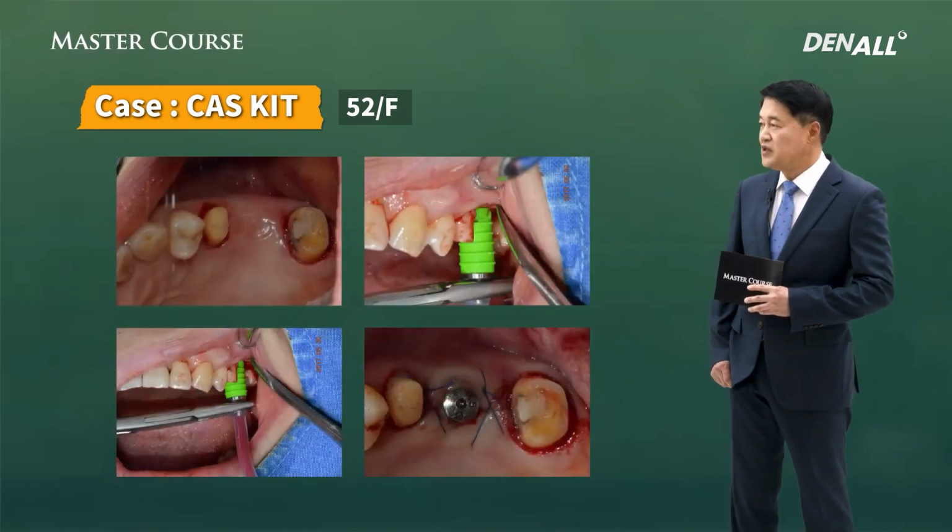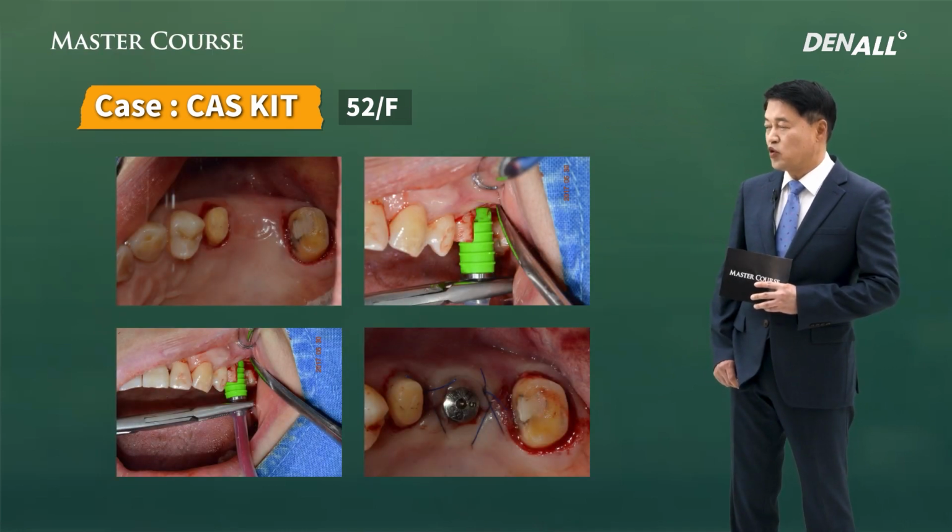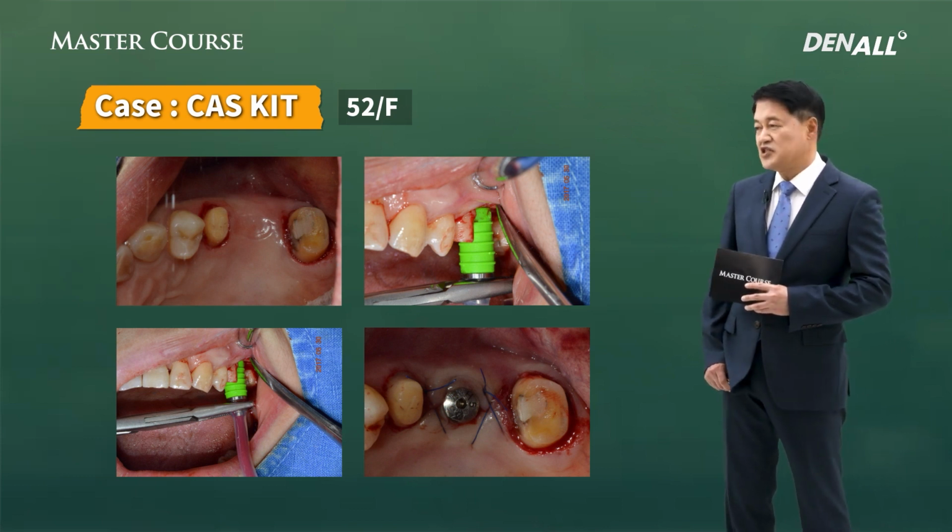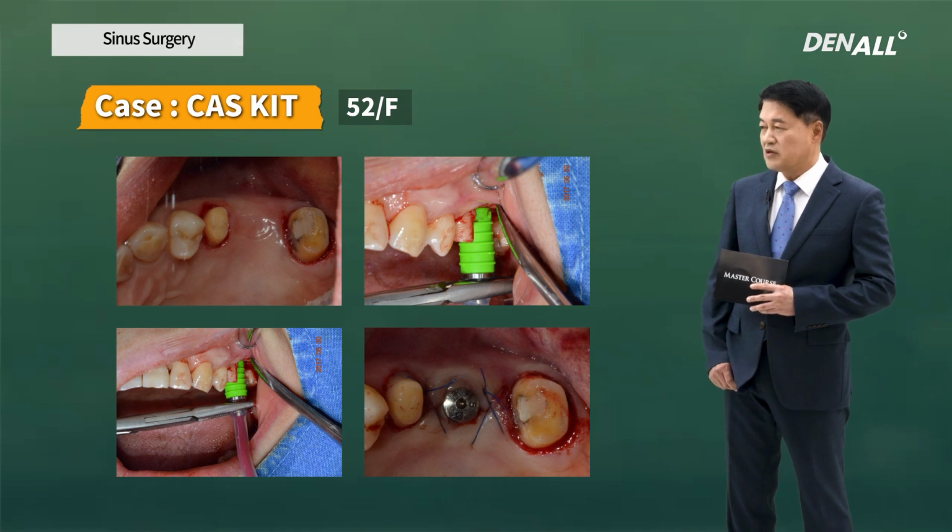As you can see, drilling was done. Finally, the hydrolifter is fixed. Saline is injected and drawn back, and if there's bleeding, it means that perforation has not occurred and that the lift has been done successfully.